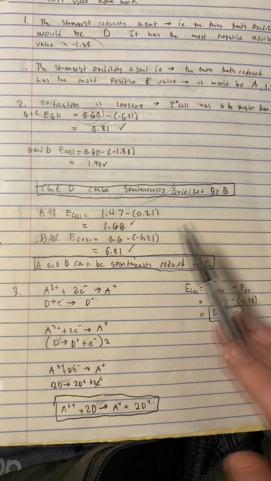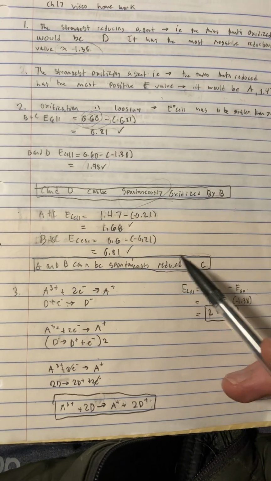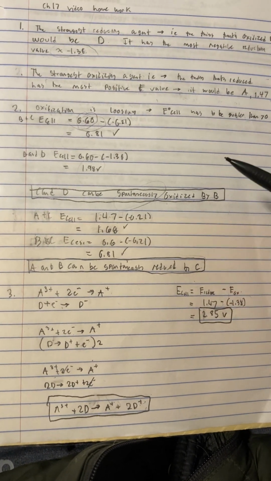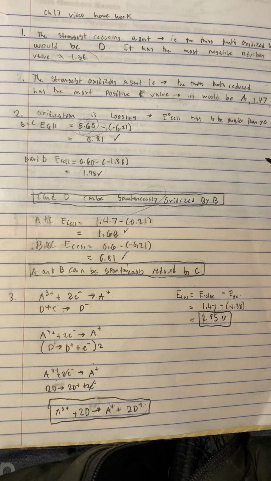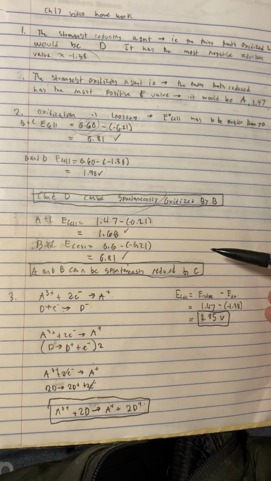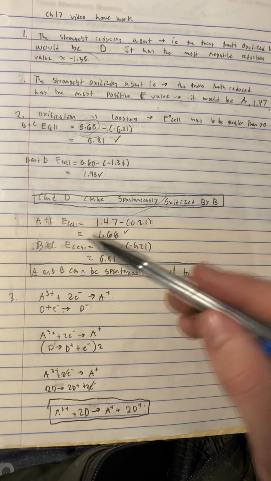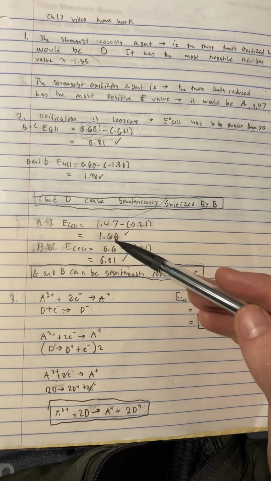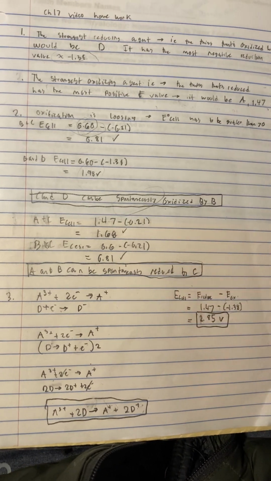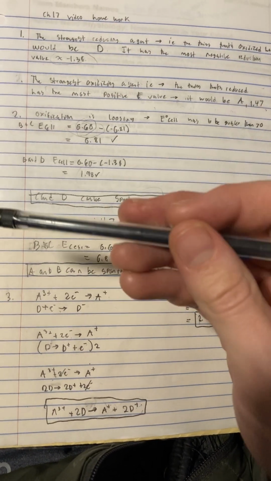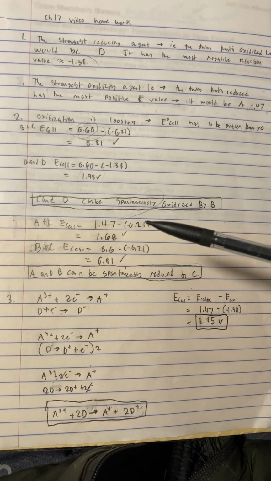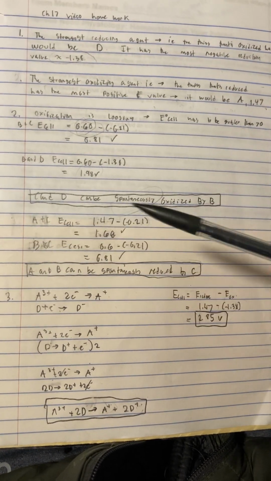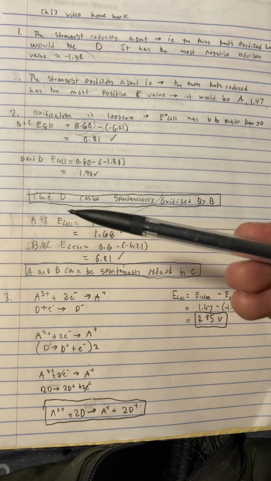Okay, so now it's basically the reverse of this, saying what can be spontaneously reduced by C. So what is the best at giving up? So in what situation would C give up its electrons? So C has a negative potential. So anything that's bigger than C is a situation where it would move towards the oxidizing agent, or the thing that's doing the oxidation.